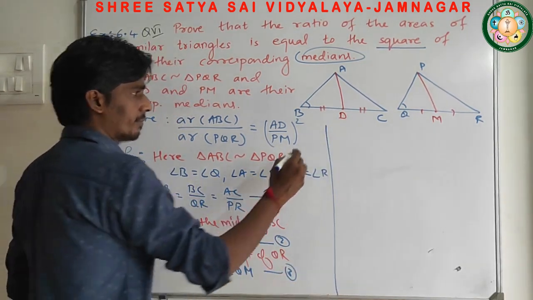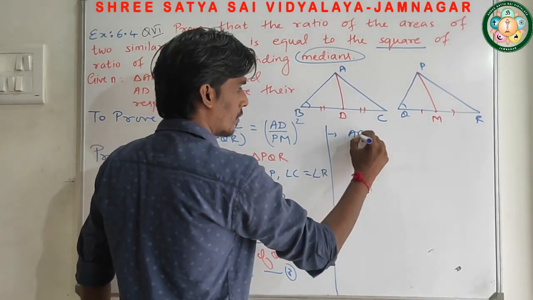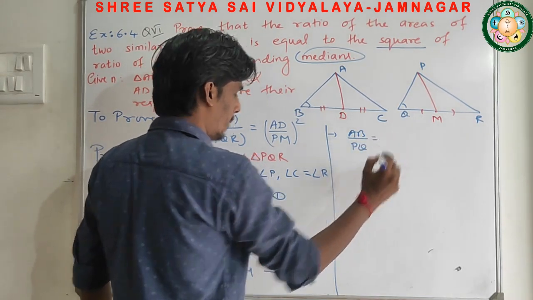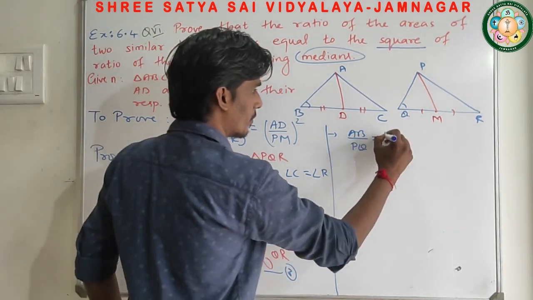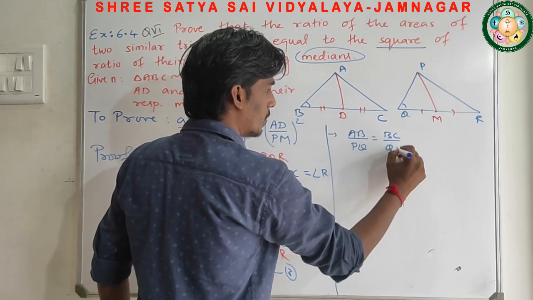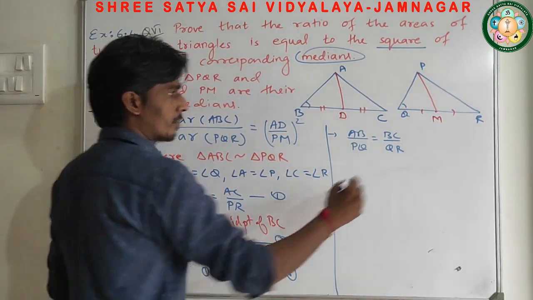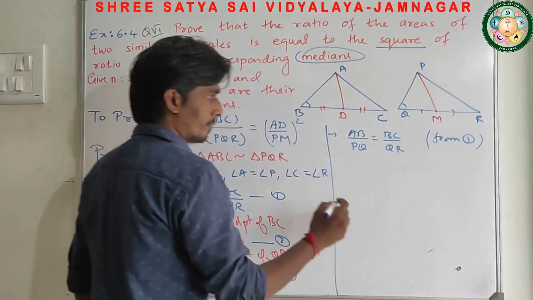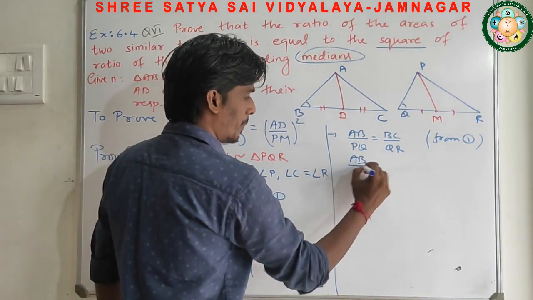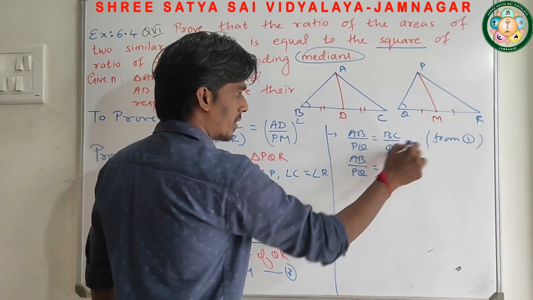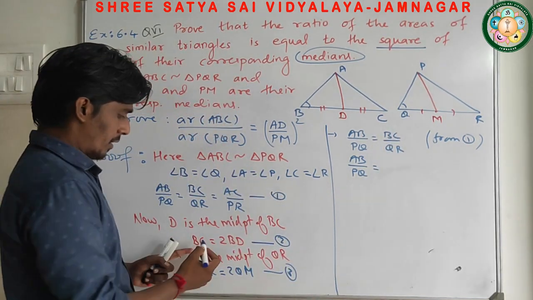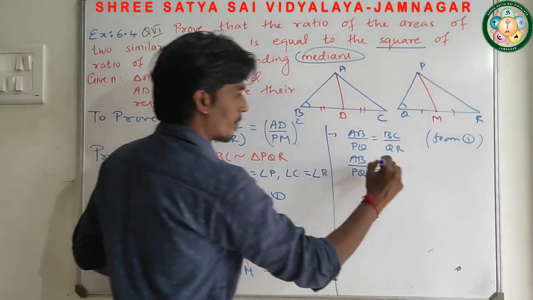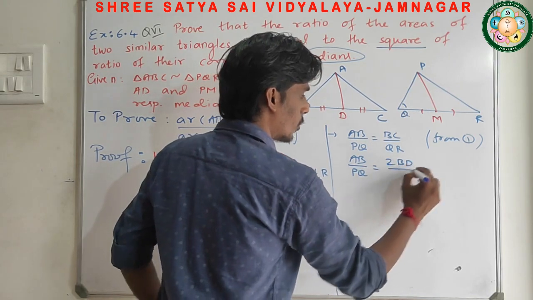ये जो रेशियो है AB upon PQ is equal to what? BC upon QR. Reason from 1. Now AB upon, now instead of BC upon QR, instead of BC we are going to replace it by 2BD.